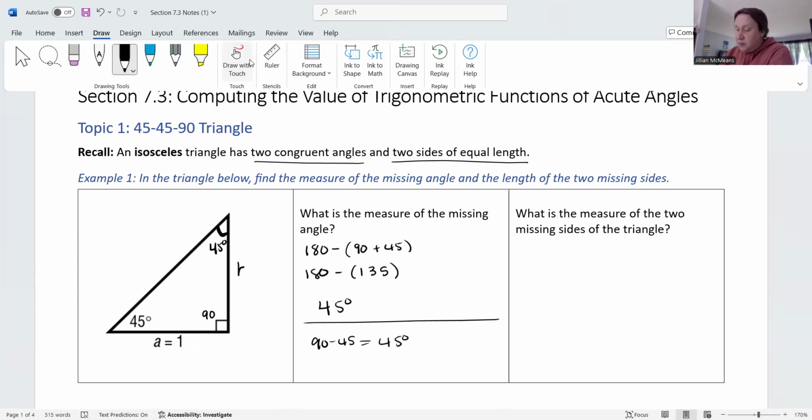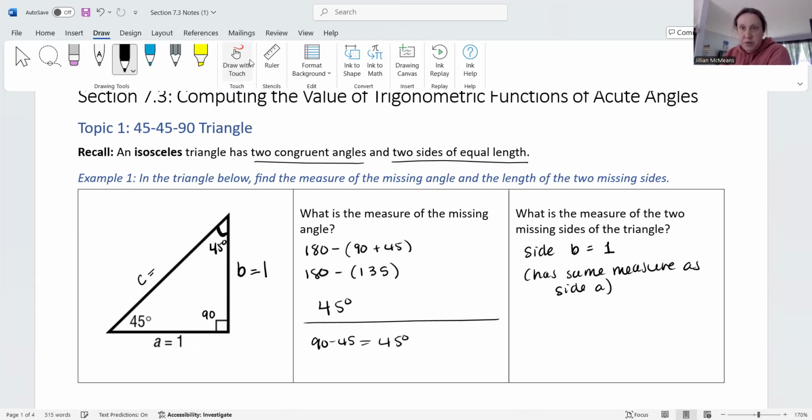That tells me side B has to also be 1, because it has to have the same measure as side A.